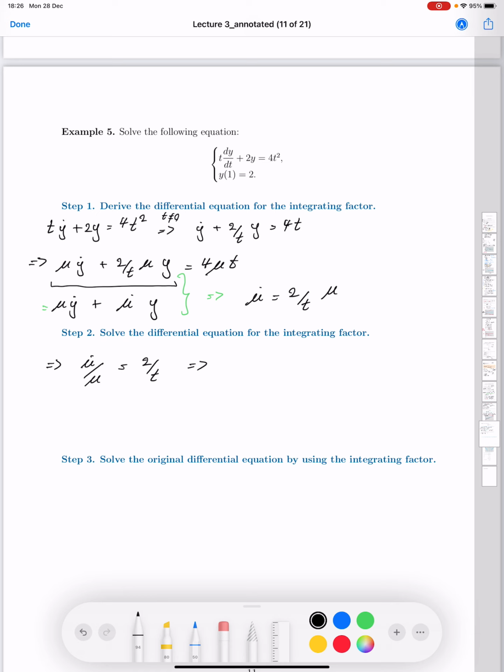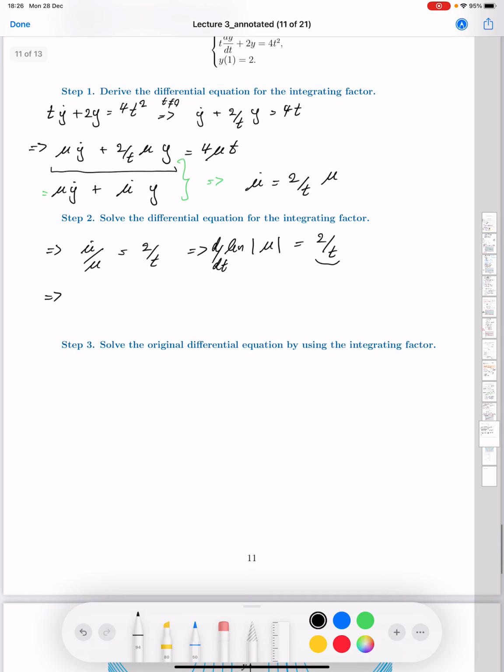So this is basically d/dt of ln of the absolute value of mu equal to 2 over t. You can also do d/dt. So what function was this that when I took the derivative I obtained 2 over t? So I always use the d/dt here.